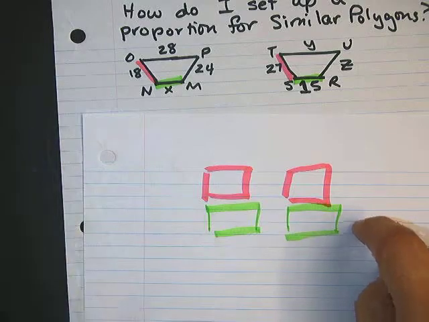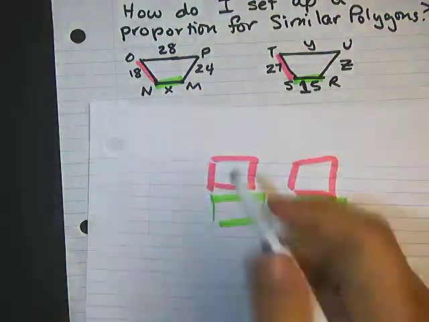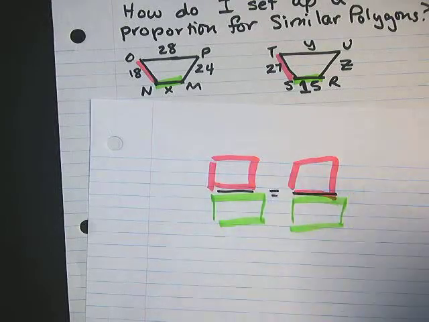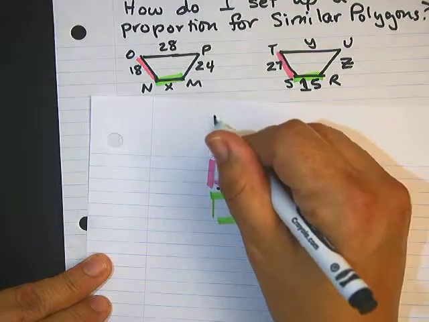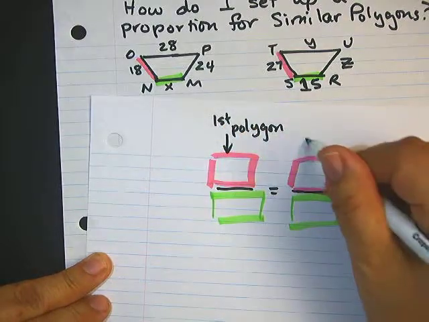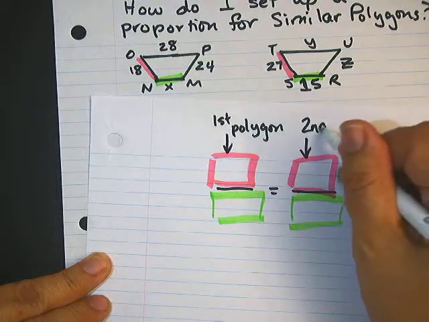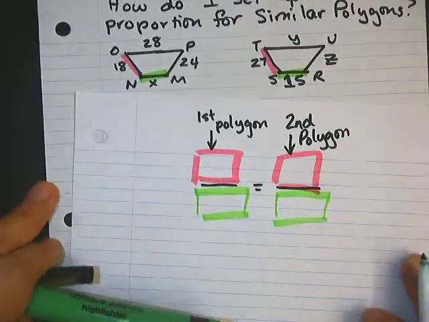So I'm going pink to pink, green to green. Now there's also a relationship with this pink to that green. So it's important to know when I set this up. There are other ways to set up proportions, but this represents my first polygon, and this represents my second polygon.